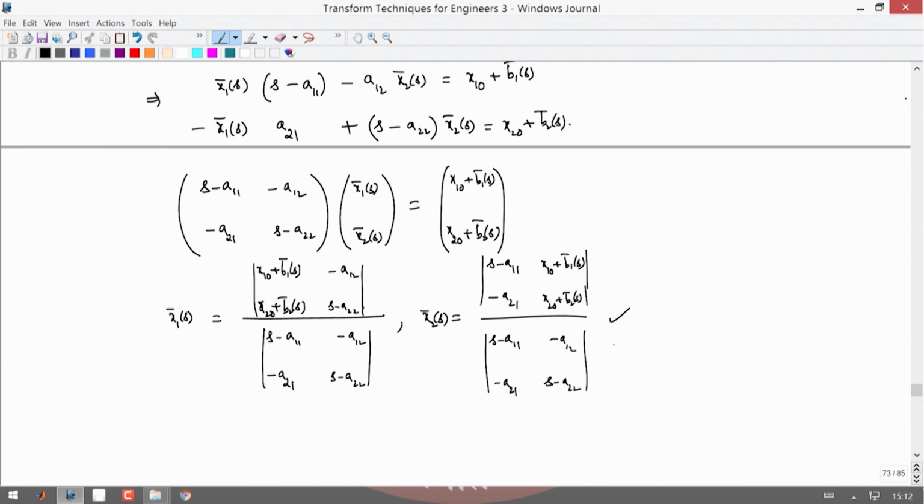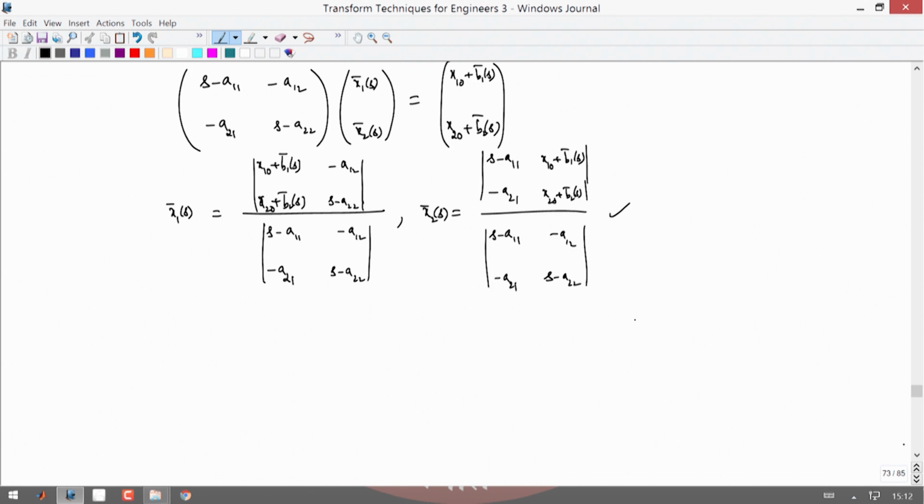So, these are the solutions you can get like this, and you invert them, and inversion gives x1 of t and x2 of t, that is the solution you are looking for.